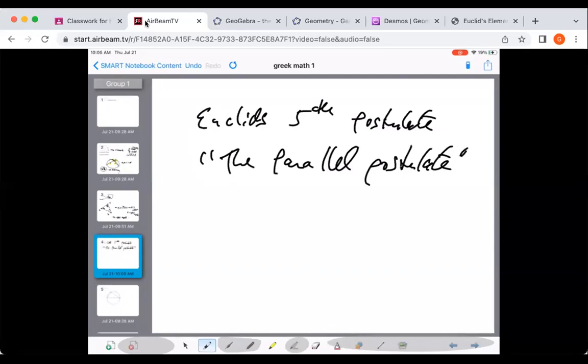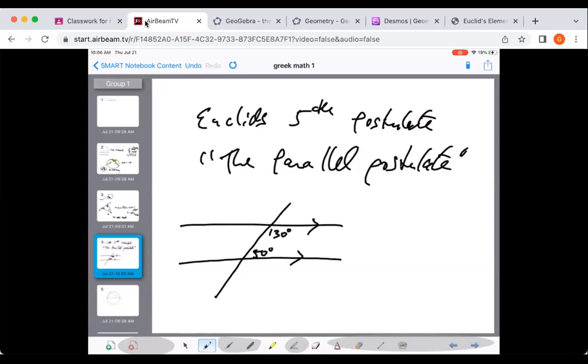It basically says that if you have two parallel lines and you have a transversal, it basically says that these two angles, if they are parallel lines, the two angles are going to add up to 180 degrees. And if the angles don't add up to 180 degrees, 120, 50, that the lines will eventually meet.